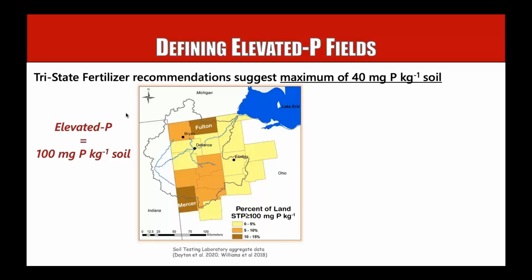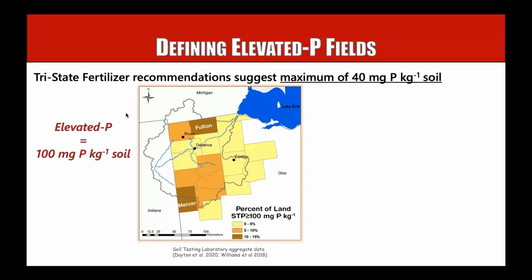So this is data from soil testing laboratories, and there's a couple citations in the bottom here so you can find it yourself. And you can see that some counties in Ohio, maybe 10 to 15% of those samples are coming back above 100 milligrams per kilogram. Some of them only 0 to 5 are, but we know that these sites are out there.